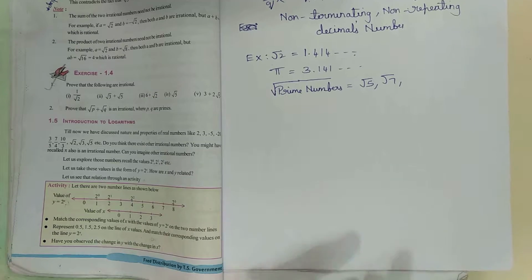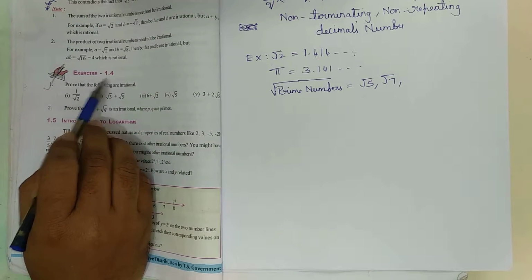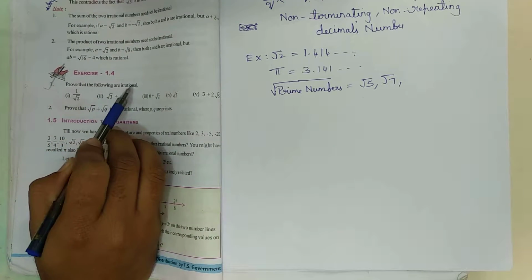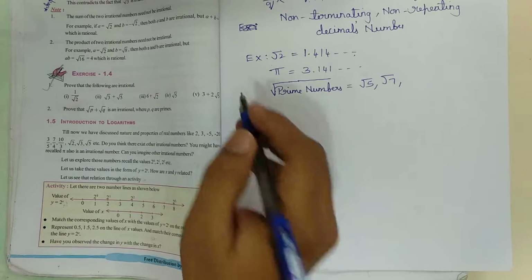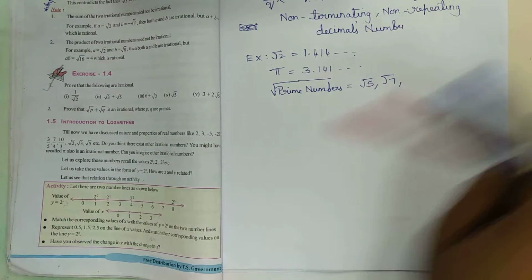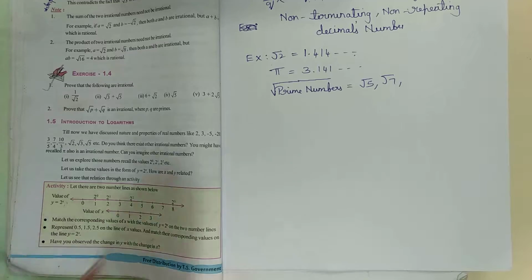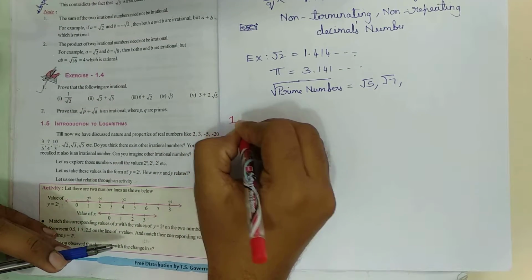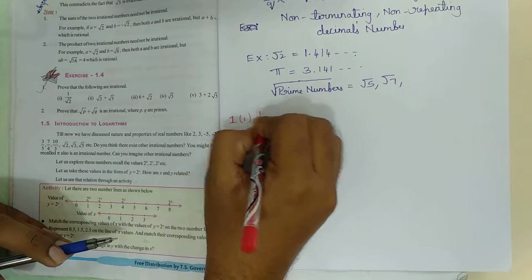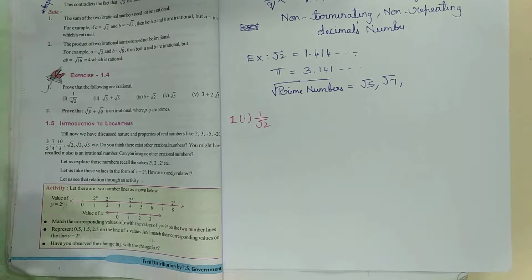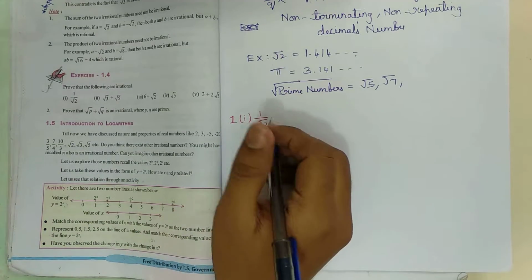Now we will be seeing exercise 1.4. First question: prove that the following are irrational. The first question is 1 by root 2. We have to prove 1 by root 2 is an irrational number.